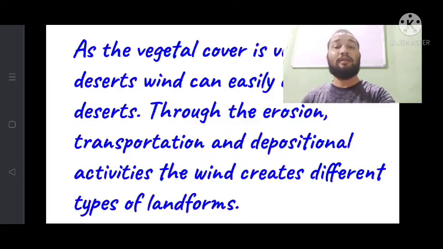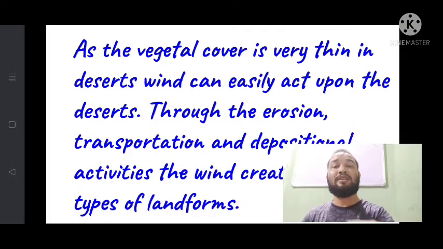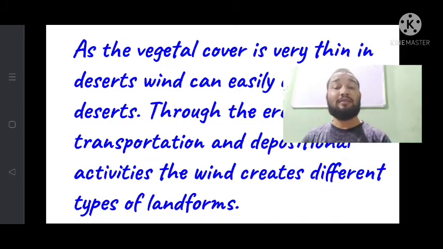You can see your screen. The vegetal cover is very thin in the desert, so wind can easily act upon the desert. Through erosion, transportation, as well as depositional activities, the wind creates various types of landforms in the desert area. In the desert area, the vegetation cover is very thin.